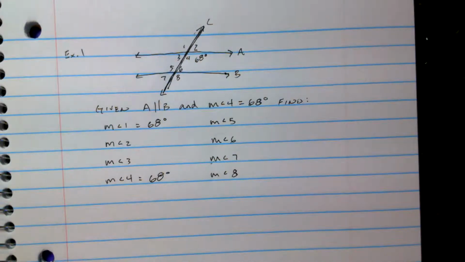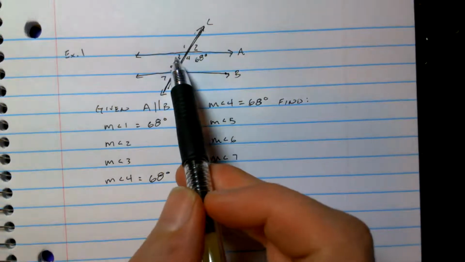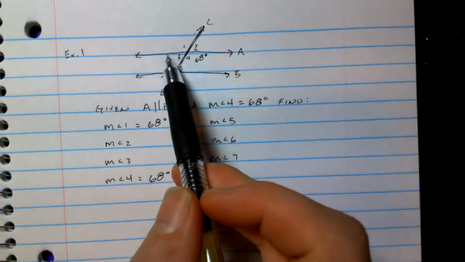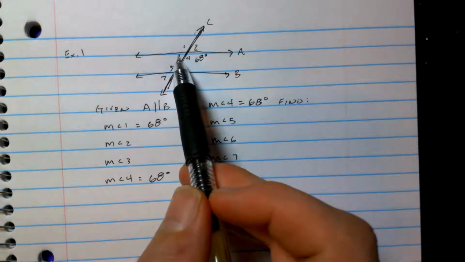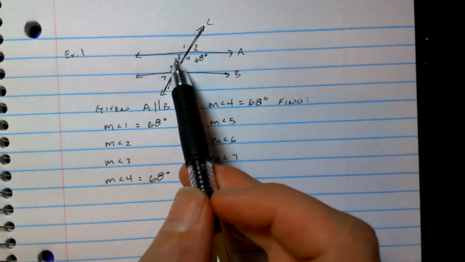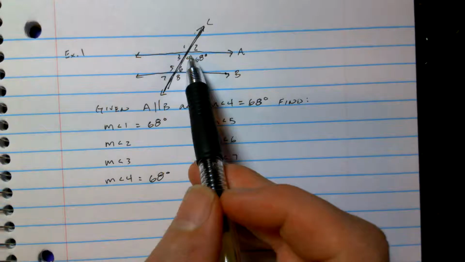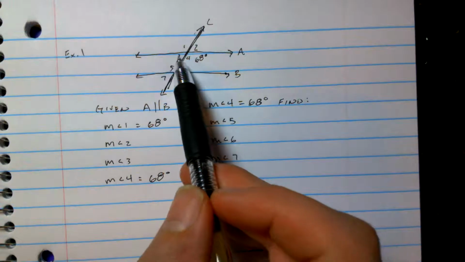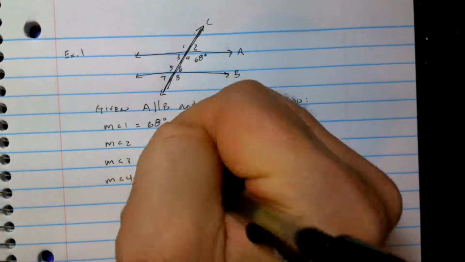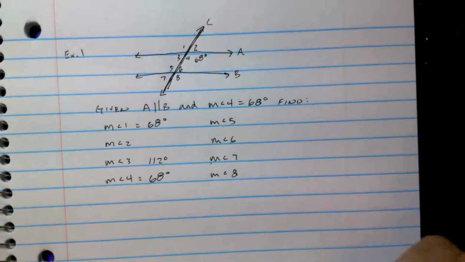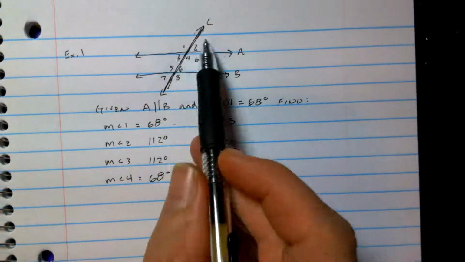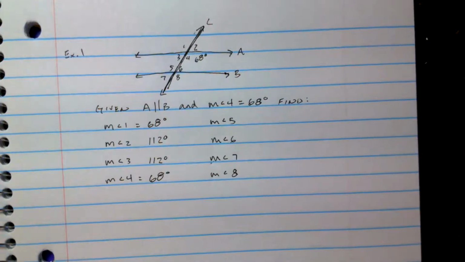If 4 is 68, then 3 is its supplement, not drawn to scale, obviously. So 68 plus something gives me 180, and 180 minus 68 means angle 3 is 112. And if angle 3 is 112, then angle 2 is 112 because they are vertical. So I've already got half of my answers just based on some pretty obvious relationships.